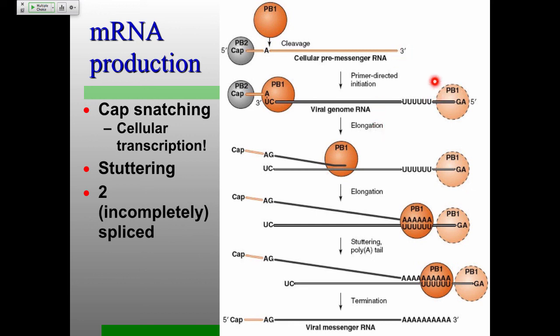And nice stuttering, Peter's favorite thing to have happen here, happens at the end of the genome with these poly-U's. What happens once you've made enough of your structural proteins? They start encapsulating these things, you don't steal caps, and you don't undergo stuttering anymore.